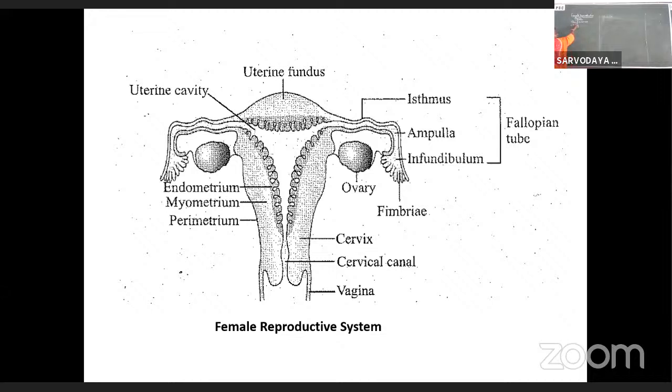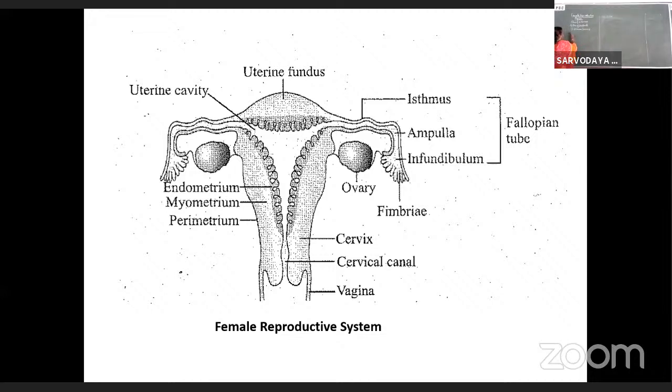So the first part is the pair of ovaries, followed by the pair of oviducts. Fine. Followed by the third part, which is named the uterus, or it is also referred to as the womb. So the third part of the female reproductive system includes the uterus or the womb.